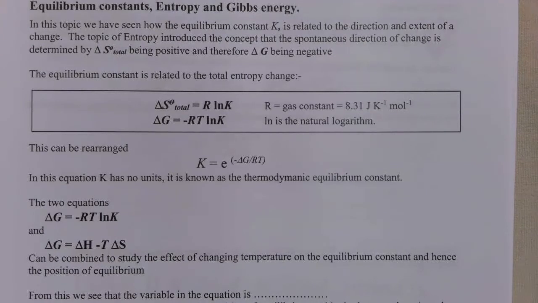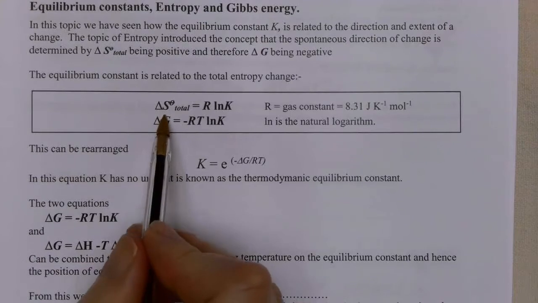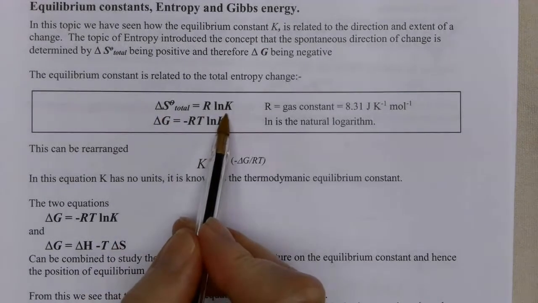In other words, there's a relationship between the delta S total and the equilibrium constant K. Because as this value becomes more positive, your K value becomes more positive.